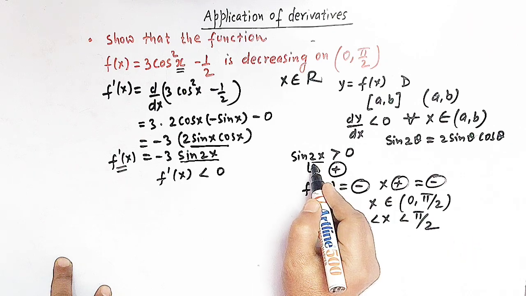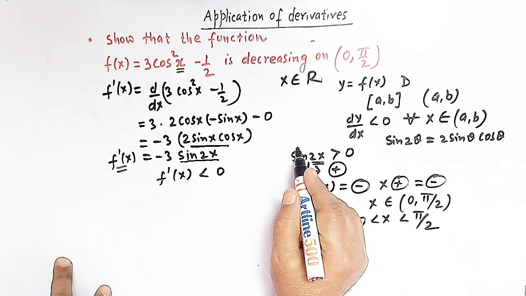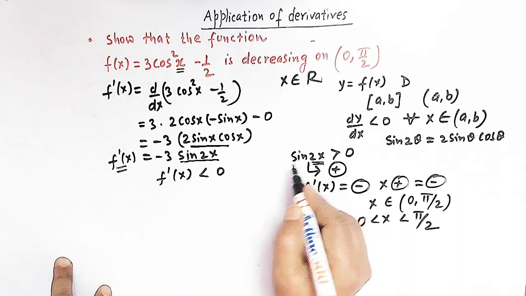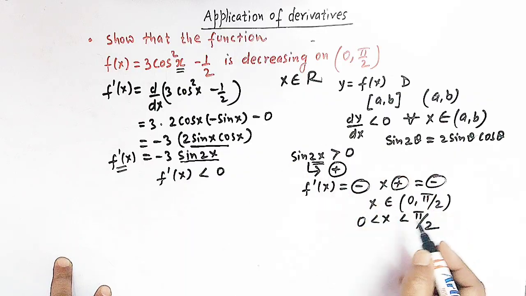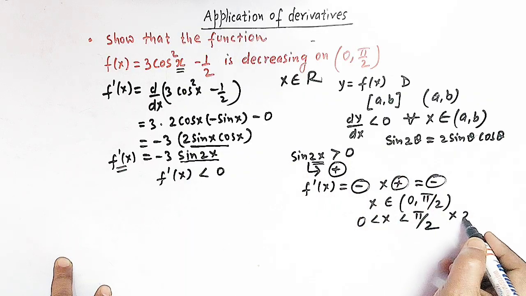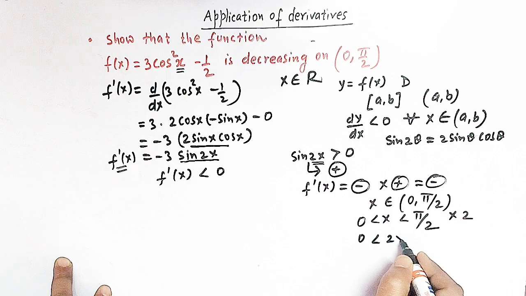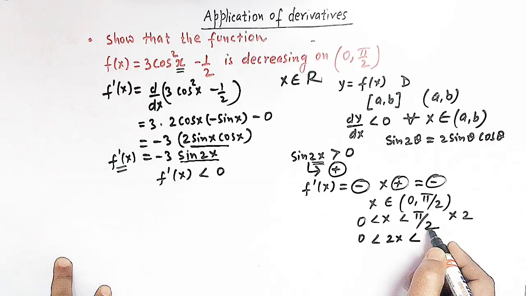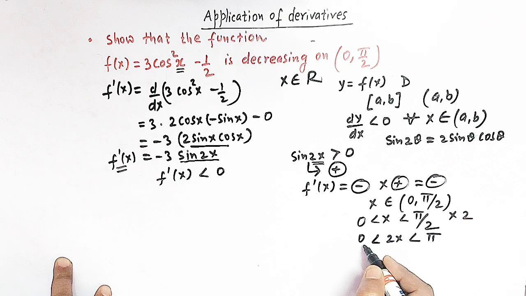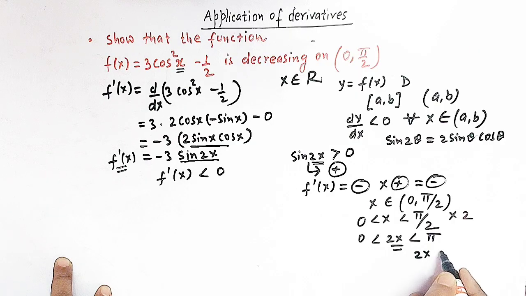Now here we have 2x, and we have to determine the sign of sine 2x. So let us multiply this inequality throughout by 2. So here we have 0, here we have 2x, and here 2 and 2 get cancelled, so we have pi. So now 2x lies in the interval 0 to pi.